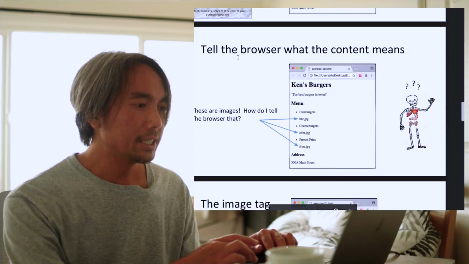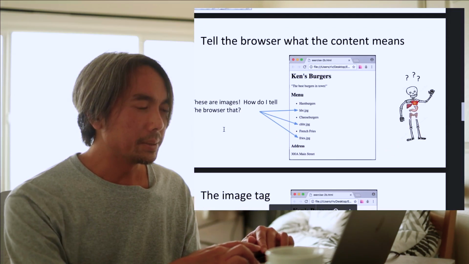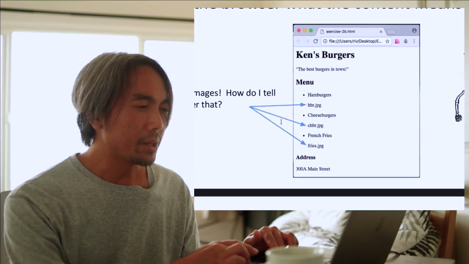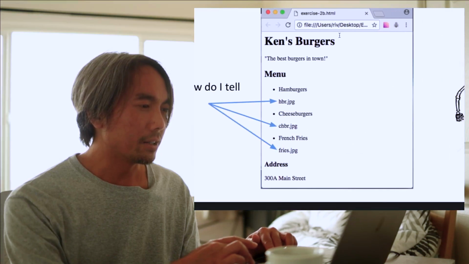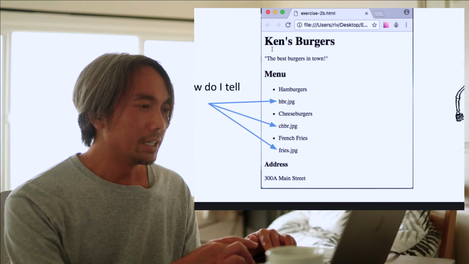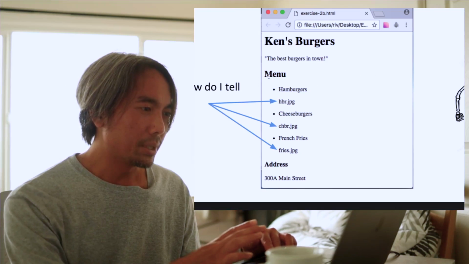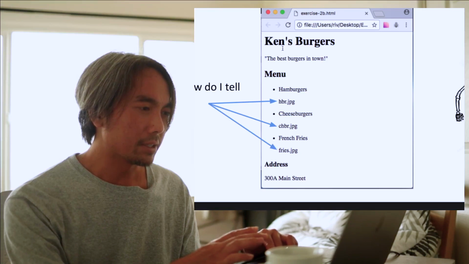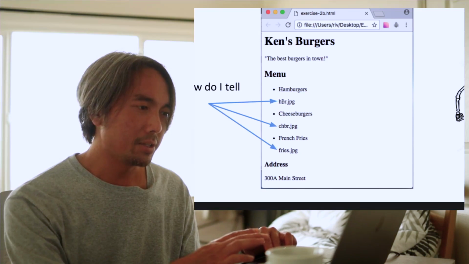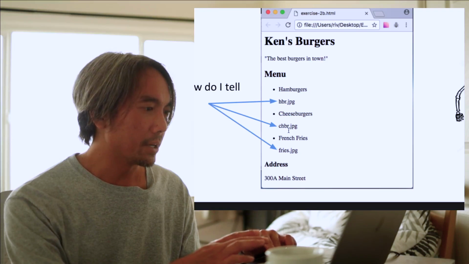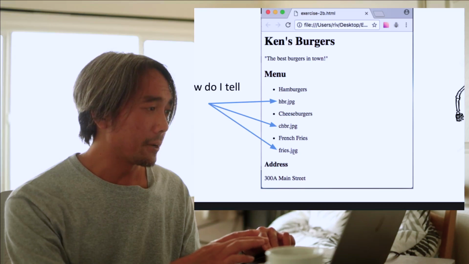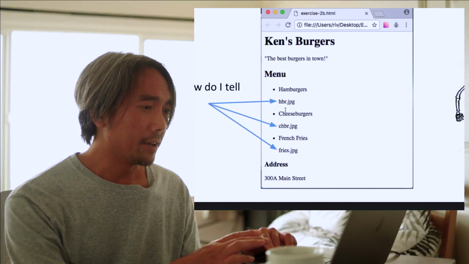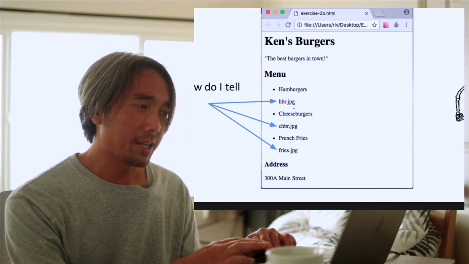Okay, next. One thing we saw with the previous example is that with our H1, our P, and our list tags, it displayed nicely, but these file names, hamburger JPEG, cheeseburger JPEG, and fries JPEG, here it's just displaying as text.